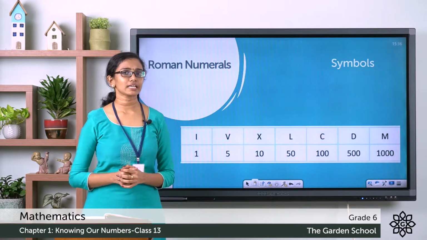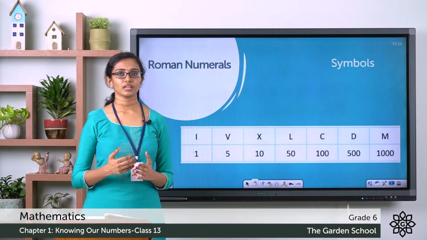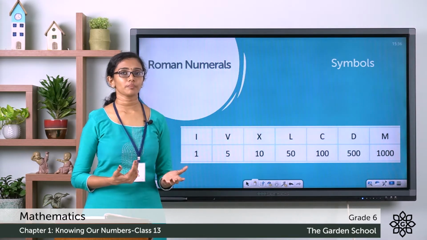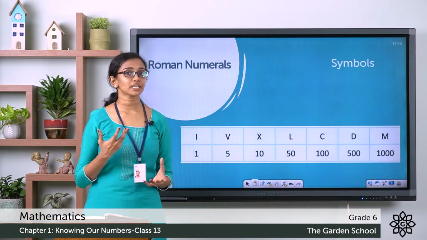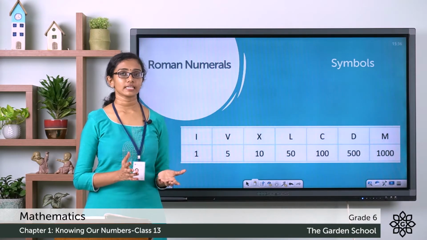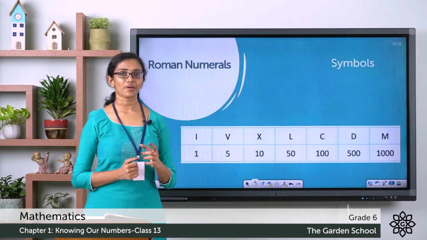Did you notice that there is no symbol for 0 among these? Now you cannot write Roman numerals just like that. There are a certain set of rules that you have to follow while writing Roman numerals. So let's see each of these rules one by one.